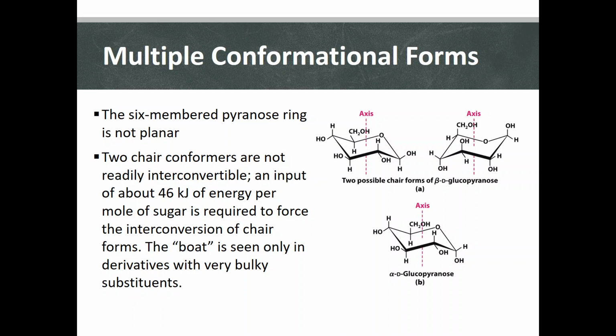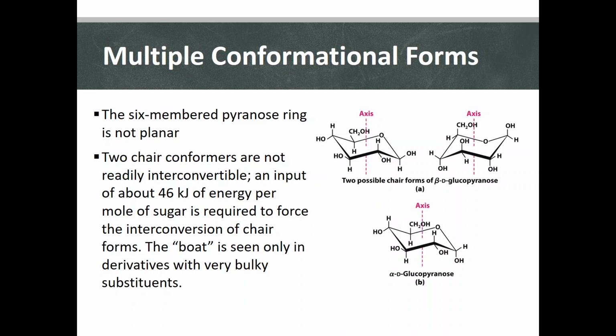Though I have been using language in previous slides describing the sugar as forming a planar structure, that's not technically correct. The 6-membered pyranose ring is not planar. You should remember some of this from organic chemistry. Instead of being planar, the pyranose ring adopts chair and boat conformations. Remember, multiple conformations of a molecule can interconvert without breakage of covalent bonds.